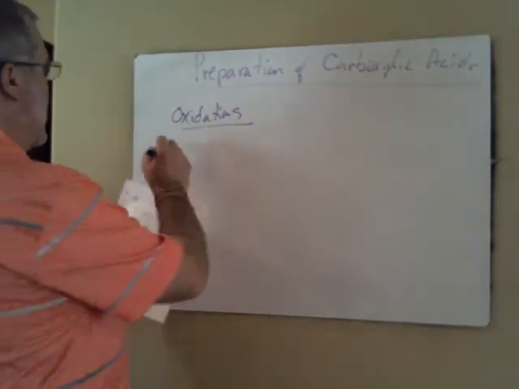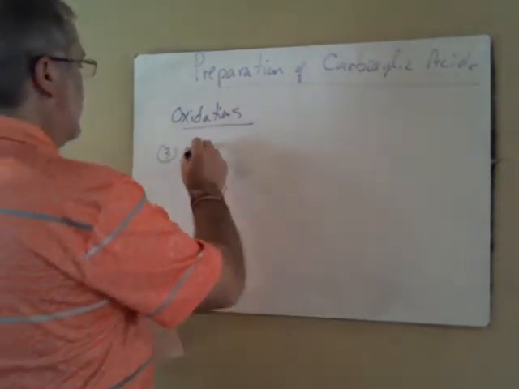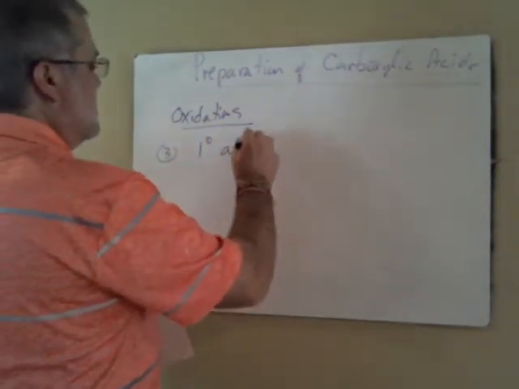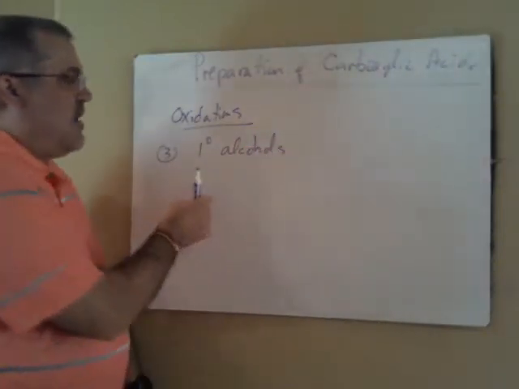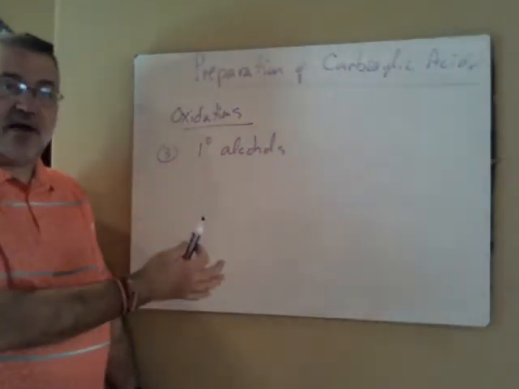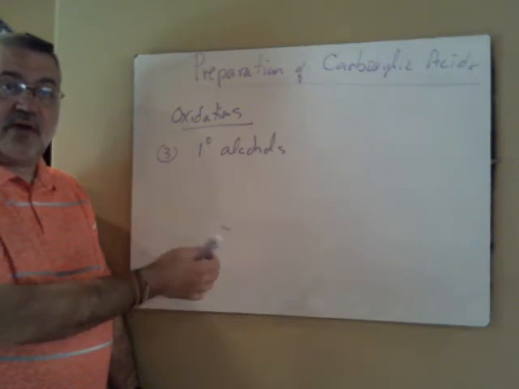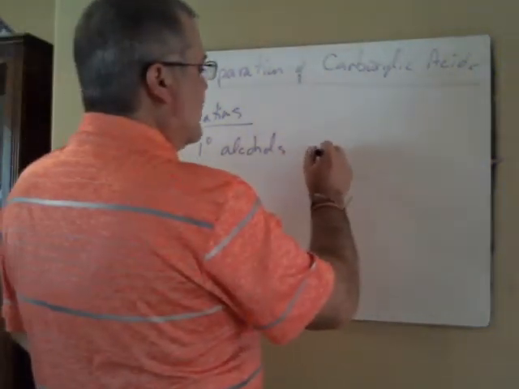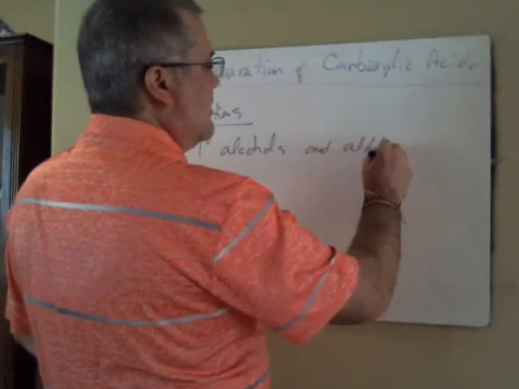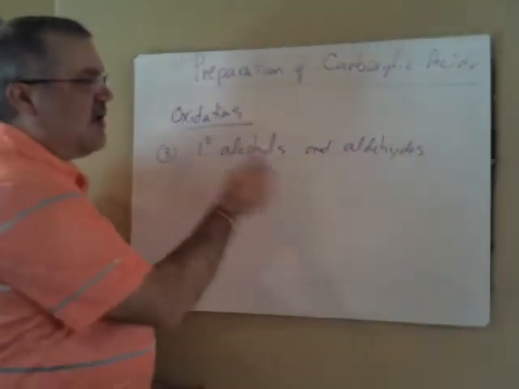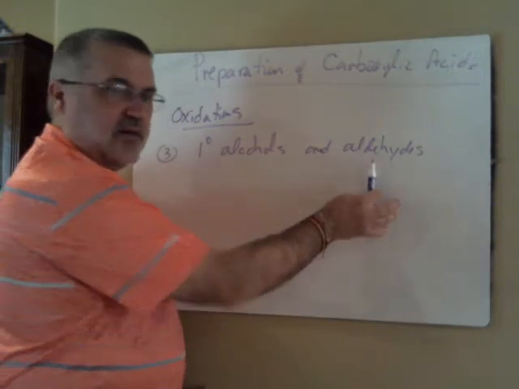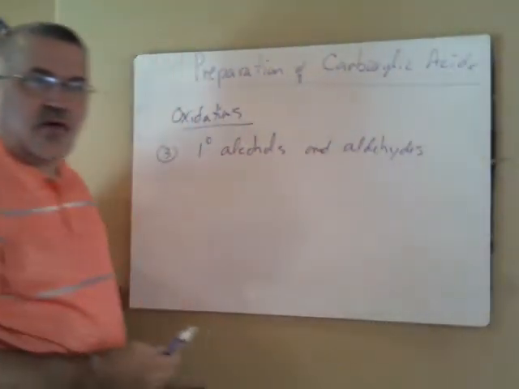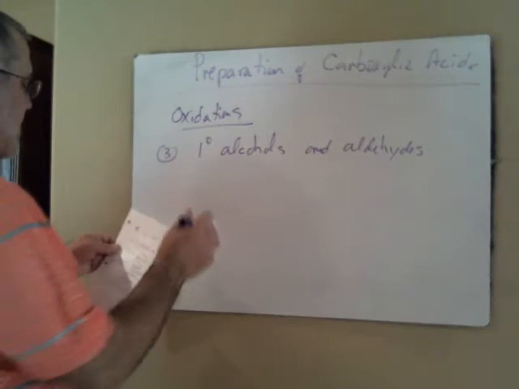You can also oxidize alcohols. If you have a primary alcohol, you can oxidize that all the way up to the carboxylic acid. That was material that was on the second exam, right? But remember I emphasized, you can also oxidize an aldehyde completely to carboxylic acid, and you're using the same reagents basically.